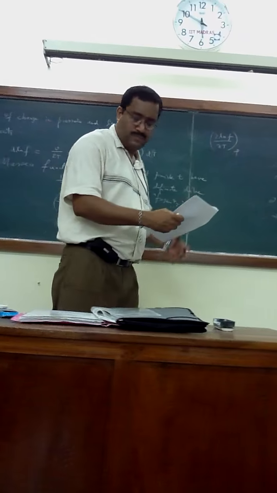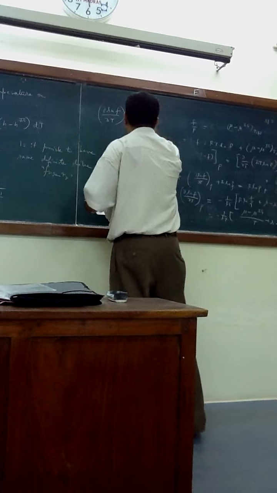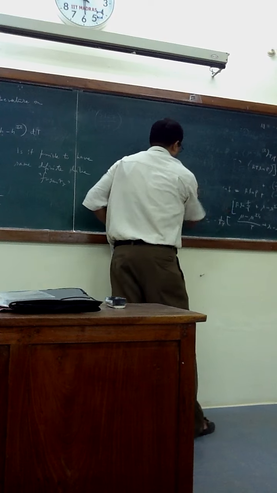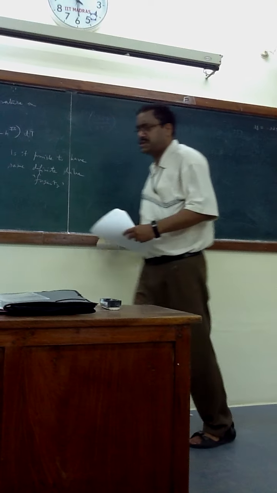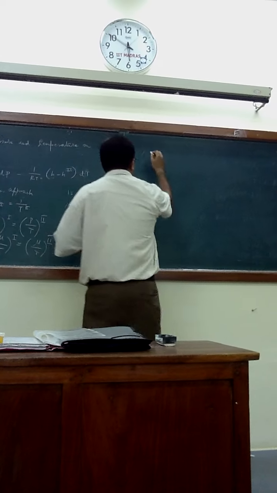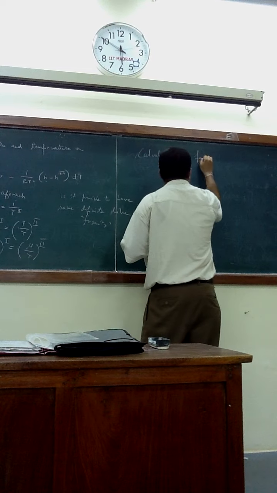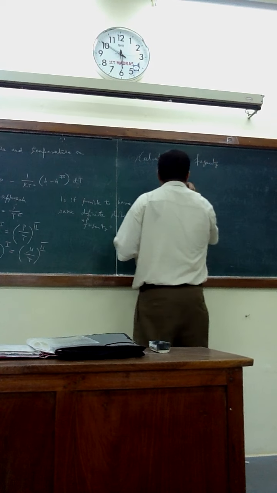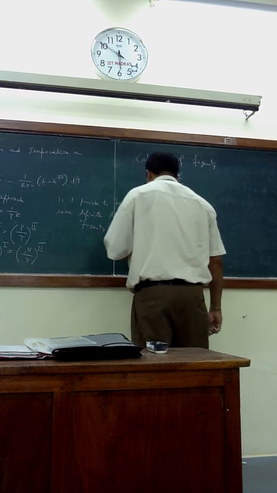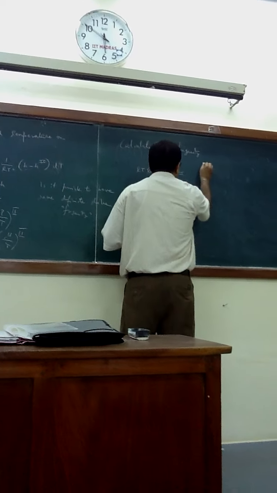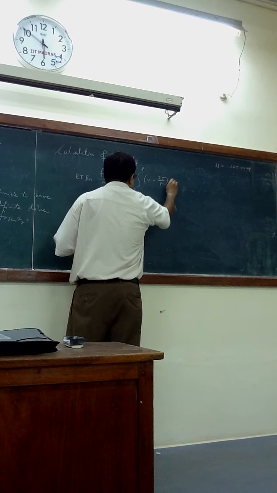Use the steam table, and when you calculate the fugacity, for calculation purposes you need the formula, which is the integral from P tending to 0 of (V minus RT by P) dP.